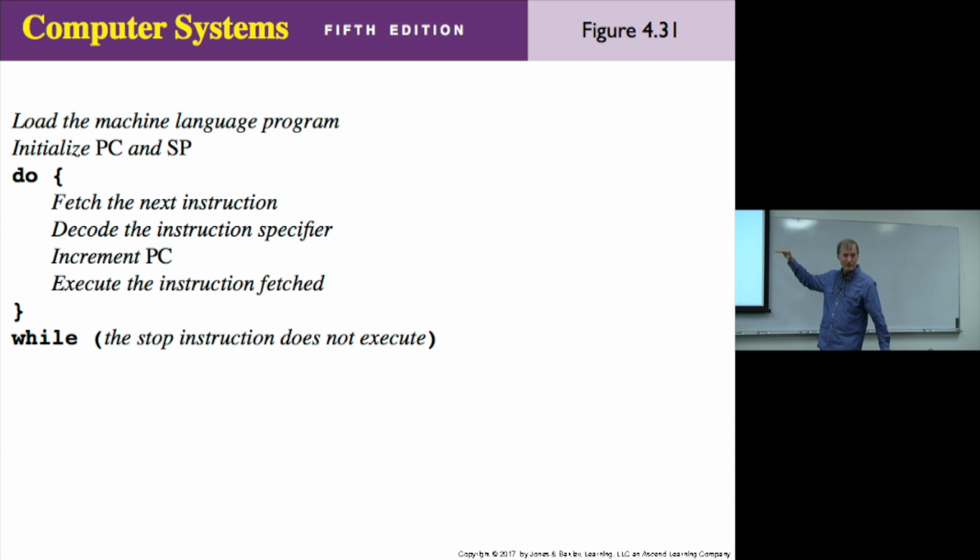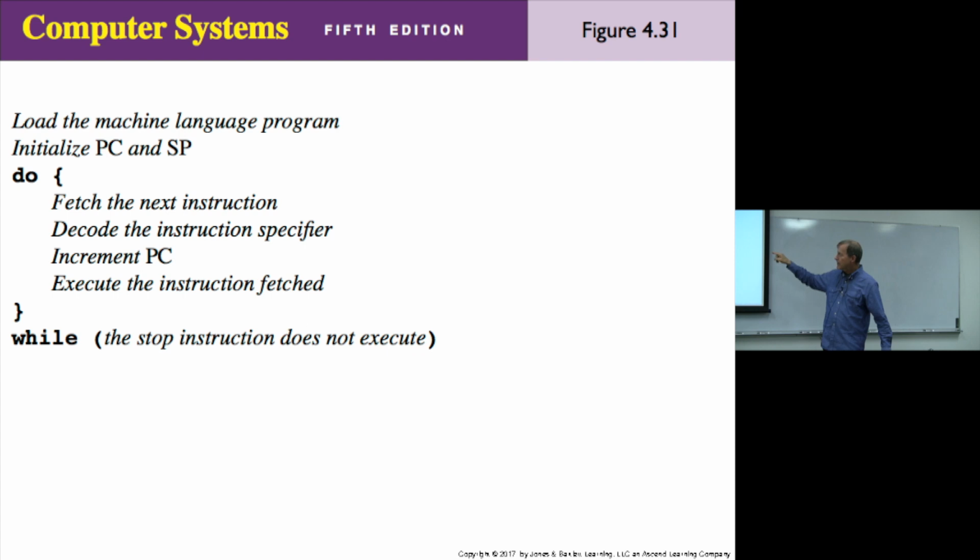Starting at what address? Do you remember where we put the programs in the memory map? Yeah, at the top, you're right. Starting at address 0000. We'd put them at the top. And then we initialize the program counter and the stack pointer, and then fetch, decode, increment, execute, while the stop instruction does not.